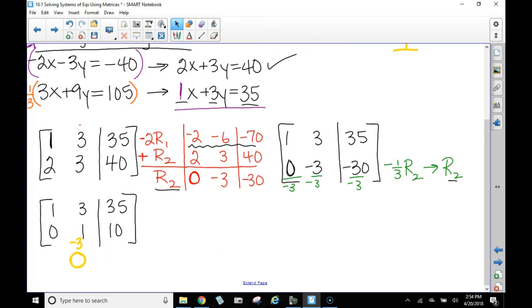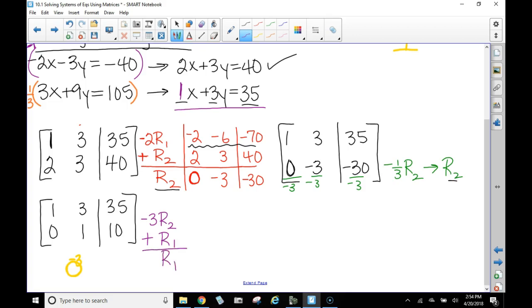What we're going to do to make that happen is get the 0 up here where we want it. We are going to take -3 times row 2, added to row 1, to get a new row 1 that's going to have a 0 where we want it to be.